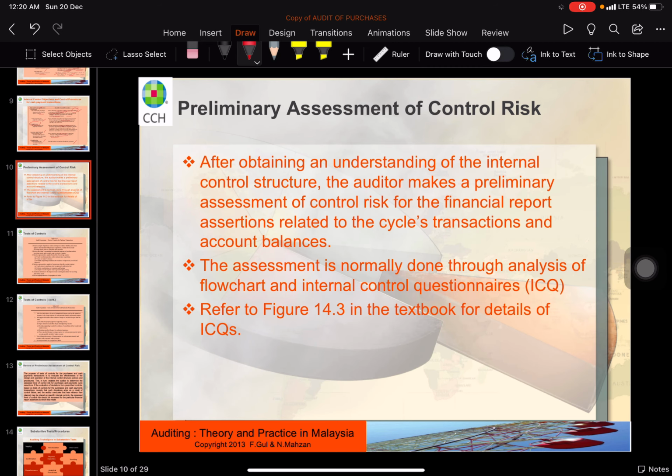Alright, now we move on to the preliminary assessment of control risk. It means that we do this kind of assessment at the beginning, so it's preliminary.